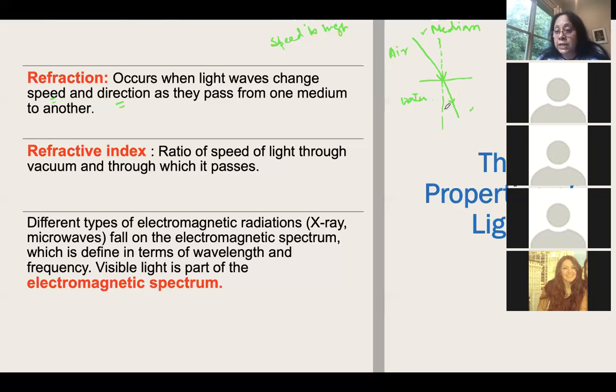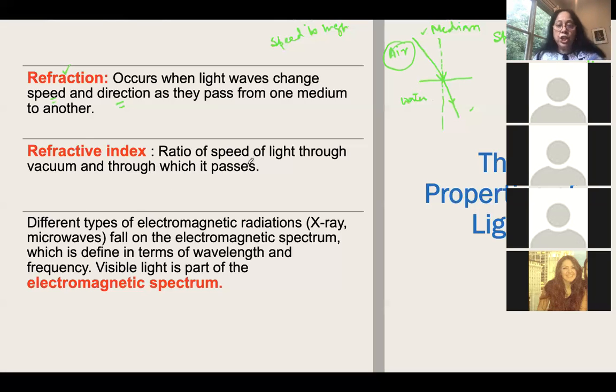But if speed decreases, then they go towards the median. That's another characteristic feature of light, and it's called refraction. So the speed of light is highest in air, then it's water, and slowest in the glass.